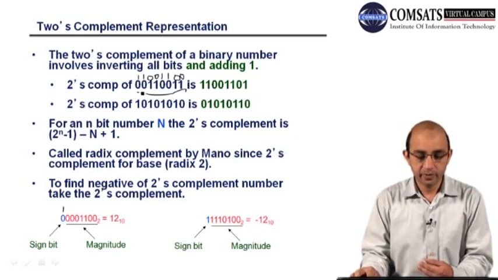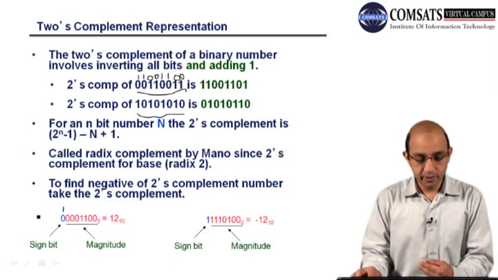In the first step, we invert all the bits of that number, and after taking the complement of the corresponding bits, we add 1 to that number, and that is our 2's complement.